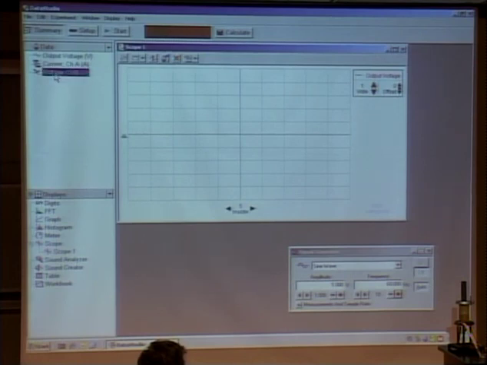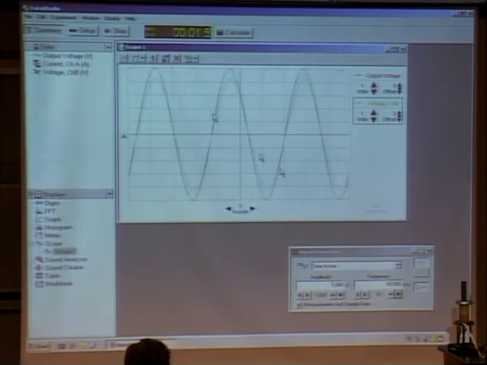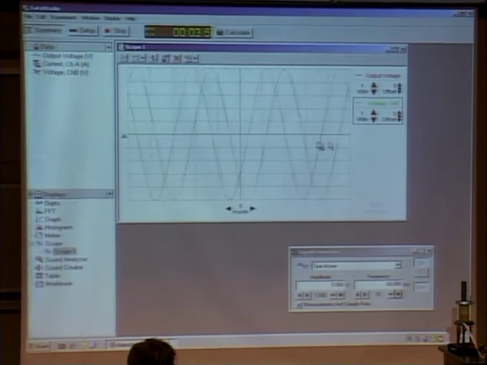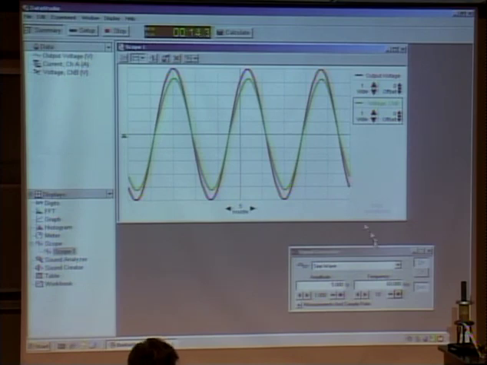And let's have at the same time the output from the transformer. Okay, let's stop it. I'll try to have a higher frequency.